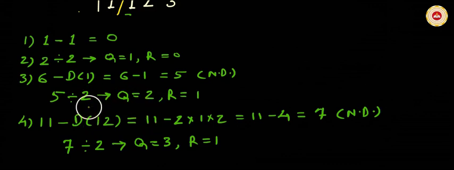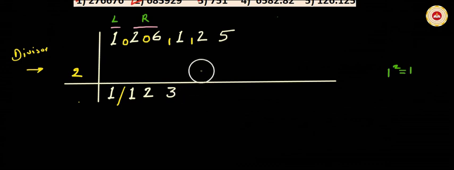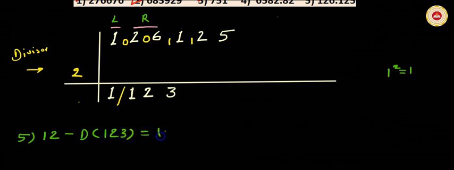Let us clean it now. So the next step is gross dividend 12 minus duplex of 123, which gives us 12 minus the duplex of these 3 digits.